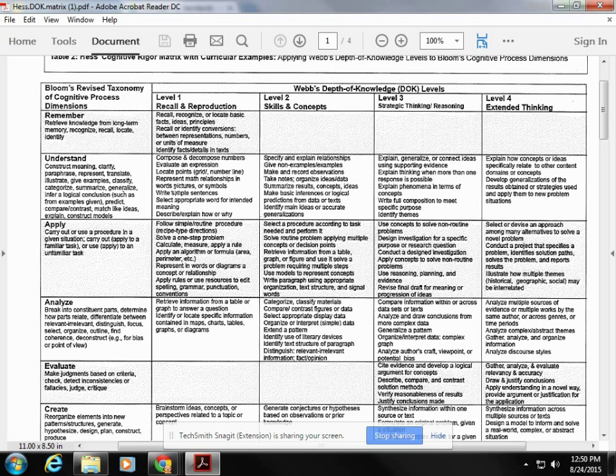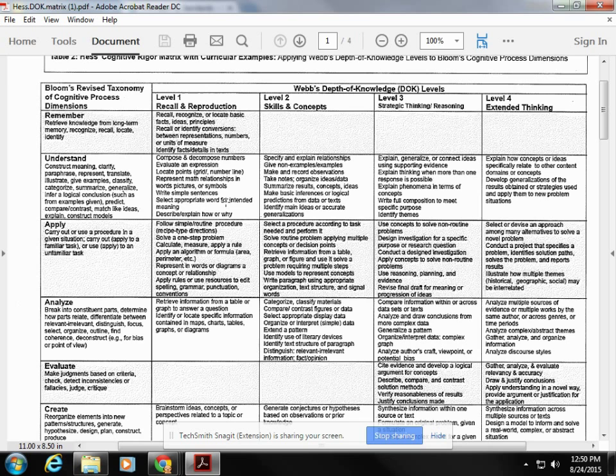So let's look at understand level 1. Compose and decompose numbers, evaluate an expression, locate points on a grid or number line, represent math relationships. So that's a level 1 depth of knowledge.